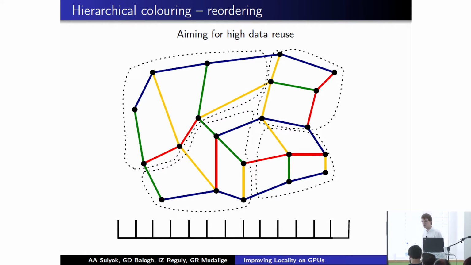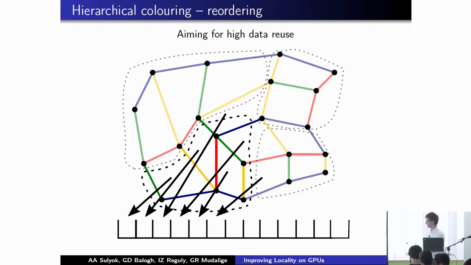That gives the idea of using a partitioning technique, for example the K-way partitioning in the METIS library, which is commonly used for MPI and distributed workloads, but as far as we know, it has never been applied for GPU block forming. So we want to reorder the threads. More specifically, we want to control how the CUDA blocks are formed, so that the data reuse is as high as possible.